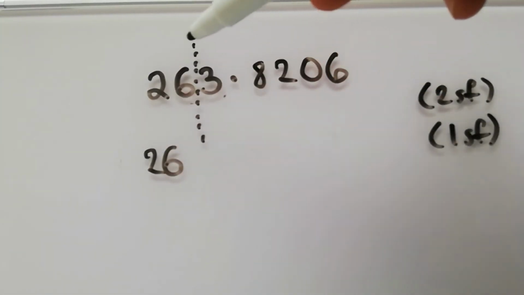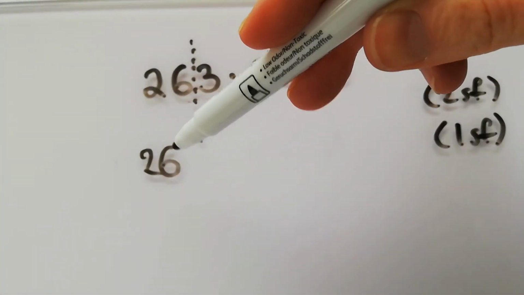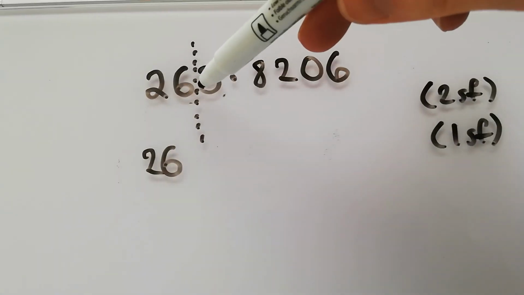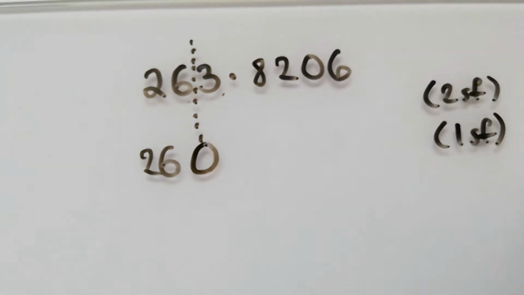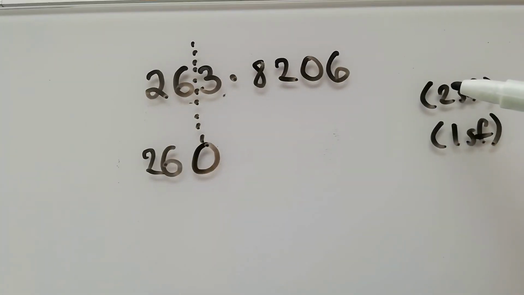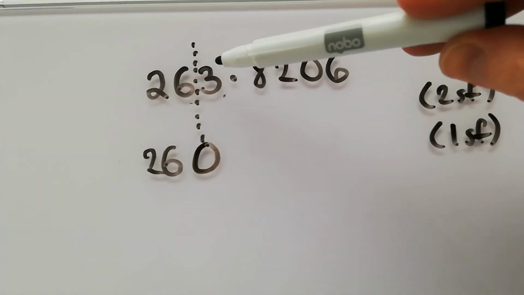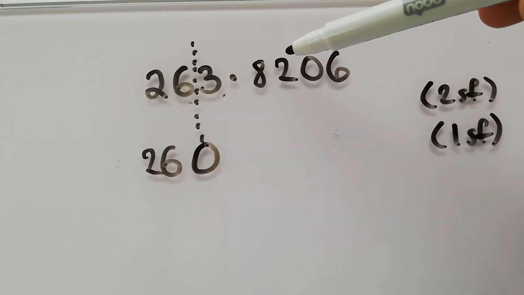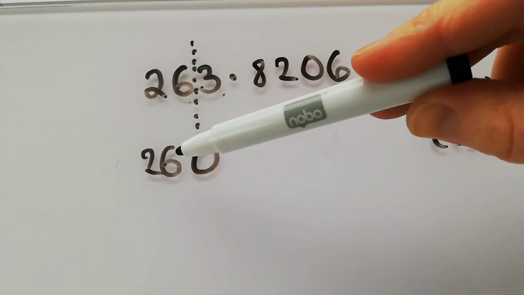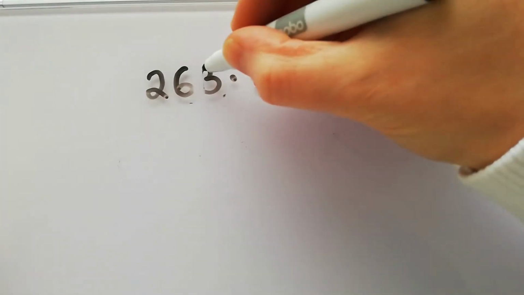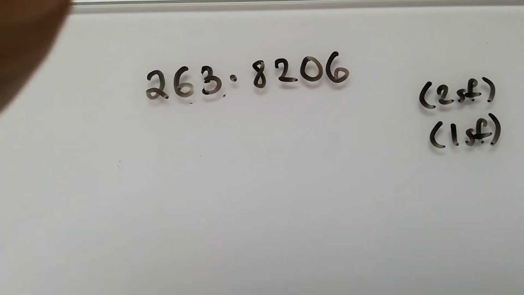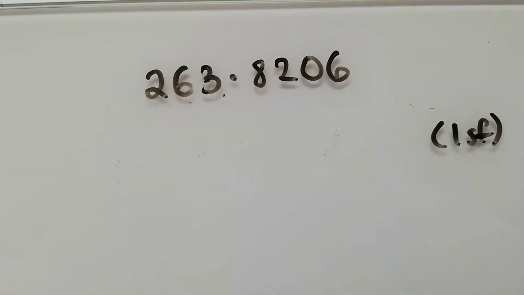Something in the hundreds is much bigger than something in the 20s. So where there was a 3, I now fill in a 0. So what I'm saying is that to 2 significant figures, the number 263.8206 is 260.